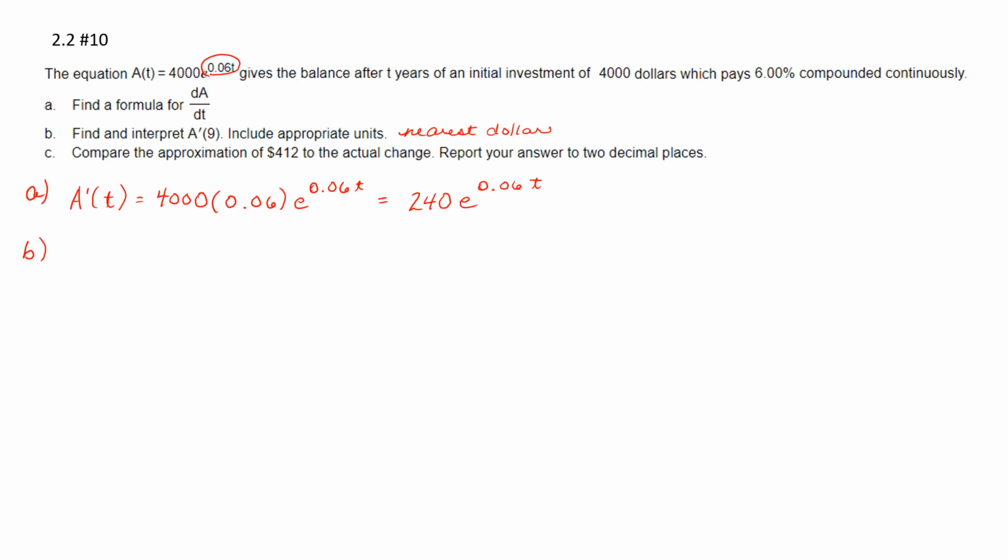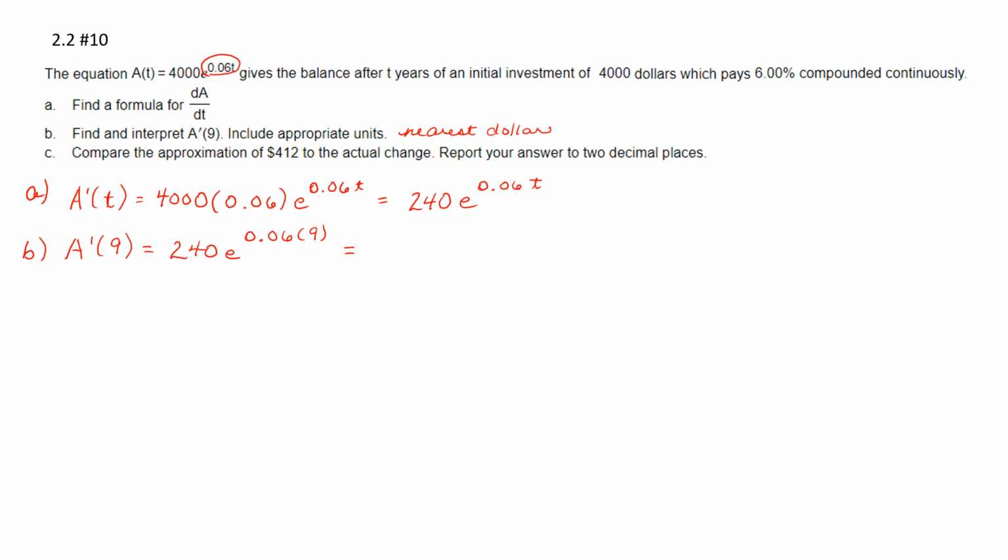All right, so all we're going to do is plug in 9 for t. So we'll have 240 times e to the 0.06 times 9.